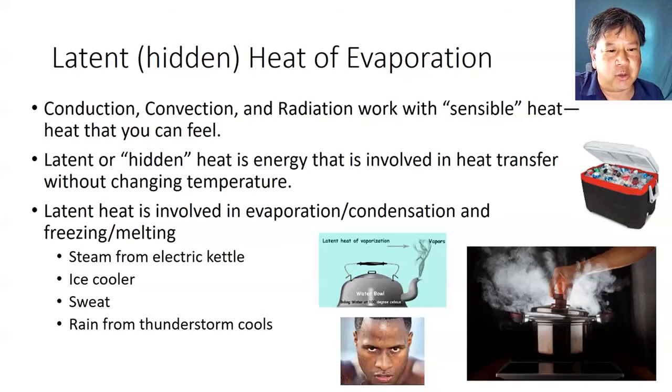In addition, we can cool ourselves by latent heat of evaporation. When the water evaporates, it actually cools, takes the energy out of our warm blood and cools us. And you can cool a warm drink in an ice cooler by melting ice, and that latent heat is quite a lot. That latent heat will take that ice as it melts and take all that heat out of the drink and make it cool.